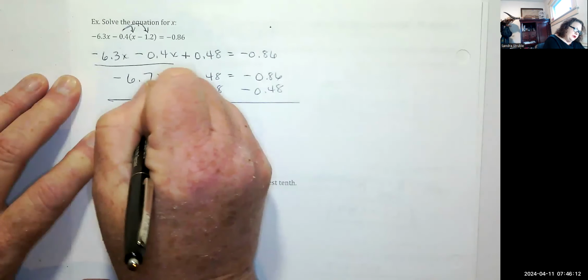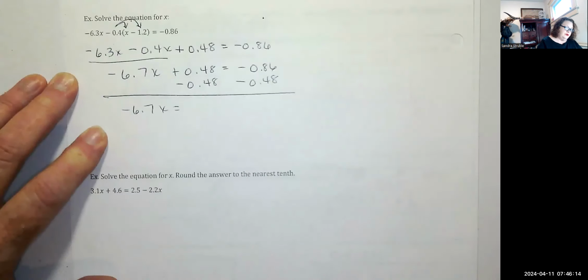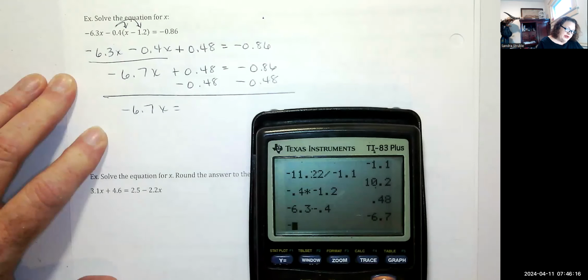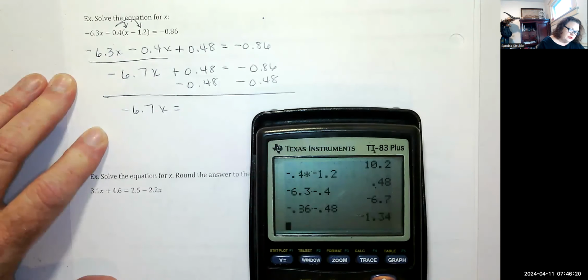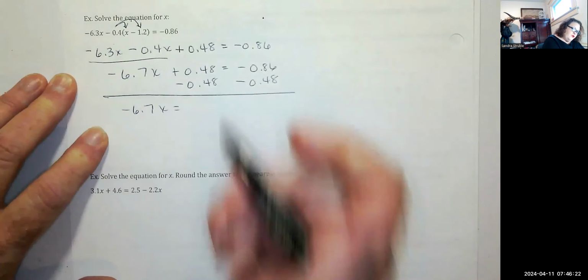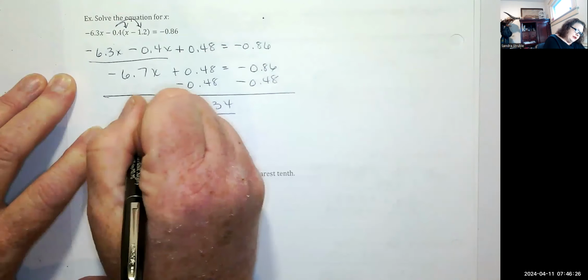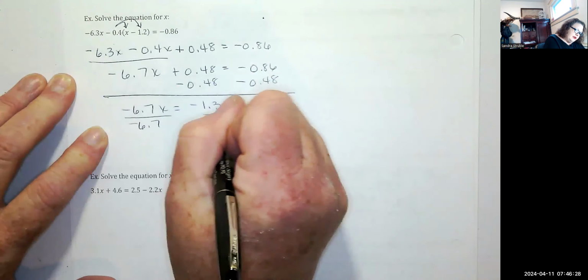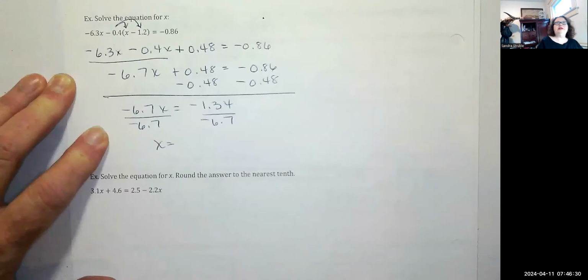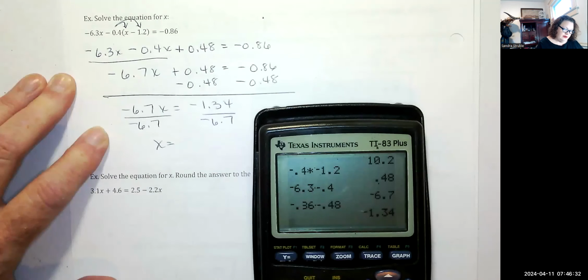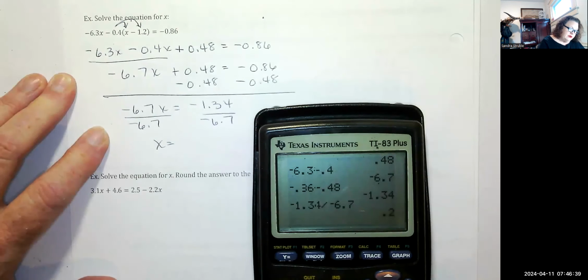We get negative 6.7x is equal to negative 0.86 minus 0.48, and that's negative 1.34. Divide both sides by negative 6.7. Our answer should be positive because negative divided by negative is a positive. So negative 1.34 divided by negative 6.7 equals 0.2.